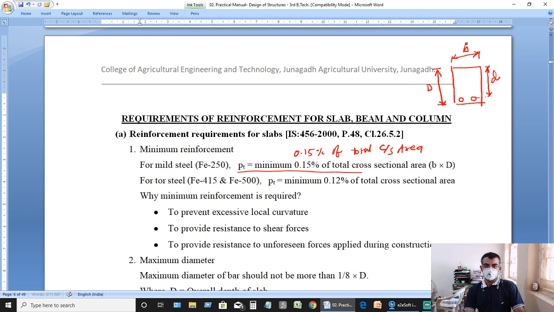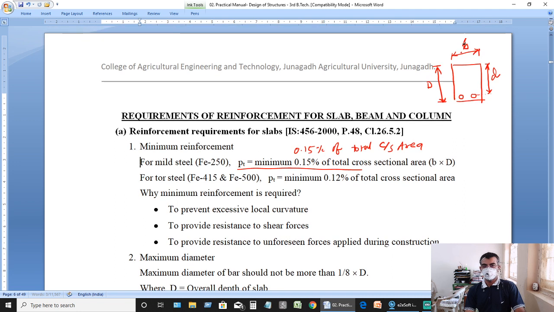So here you have to consider the cross sectional area, that is b into d. If you are using Fe 250, then you have to take minimum 0.15% of b into d, and if you are using 415 or 500, then pt will be 0.12% of the cross sectional area.